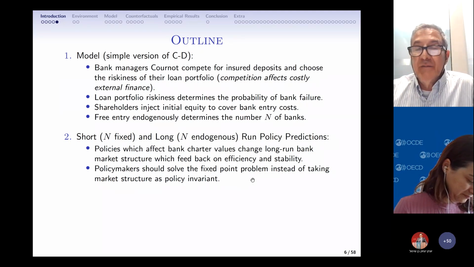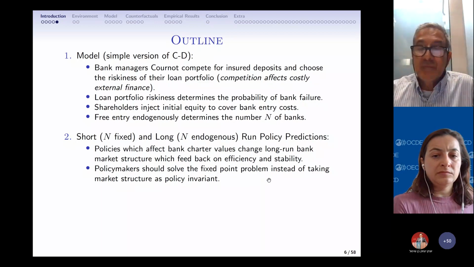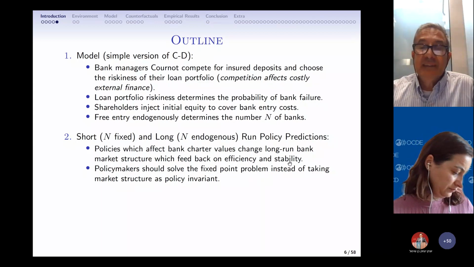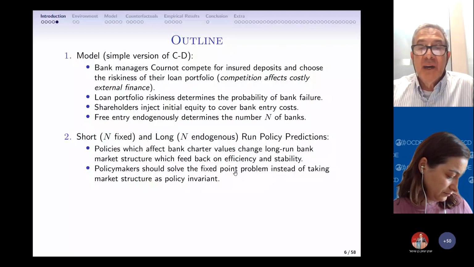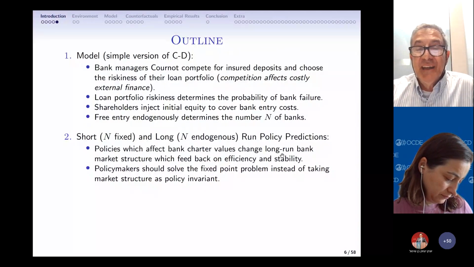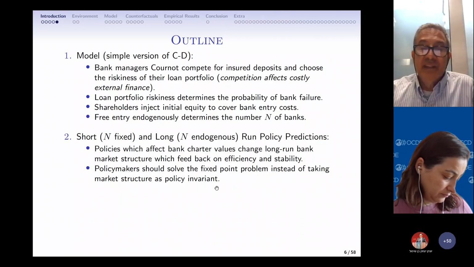Anytime that policy affects a bank charter value, that affects efficiency and stability in the short run. But because it also affects charter values, it affects long run obligations and the entry condition.